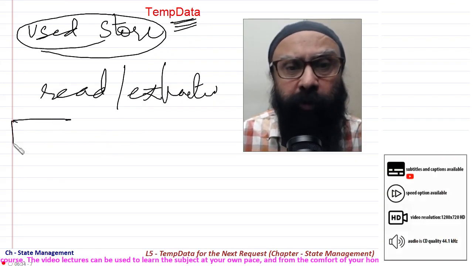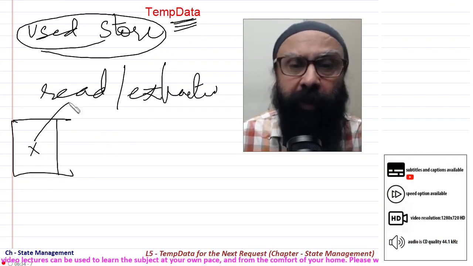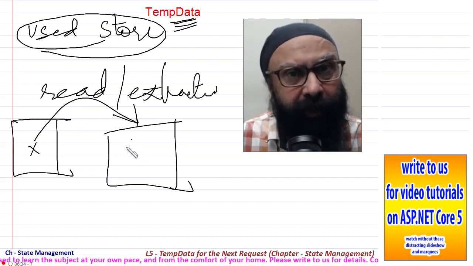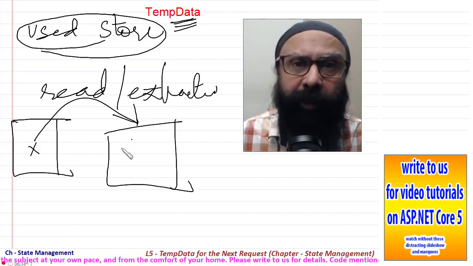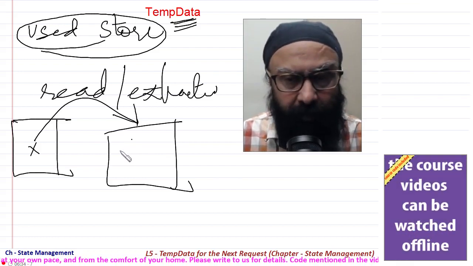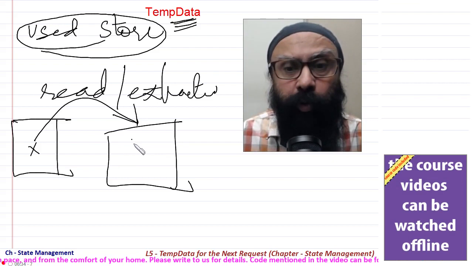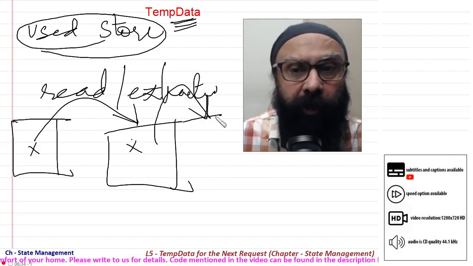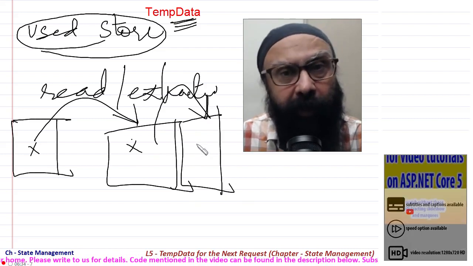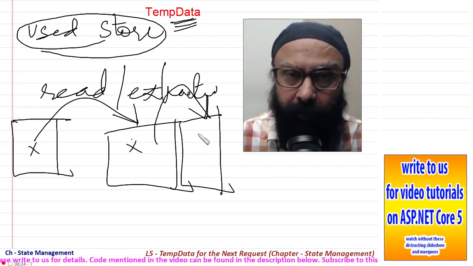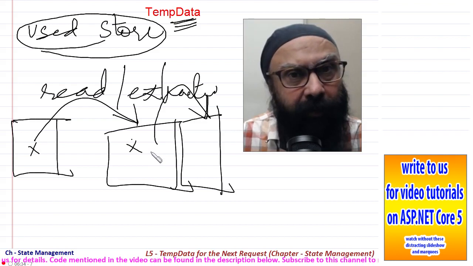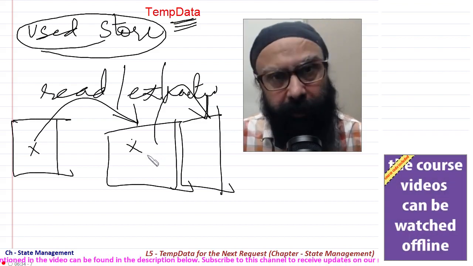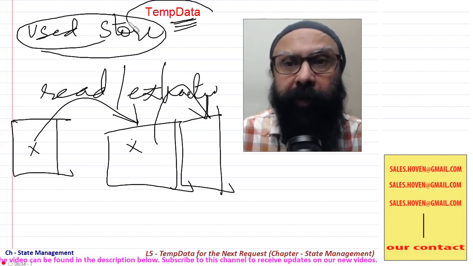So if you store some information on the first page and you extract it on the second page, the moment you extract it, that information will automatically be cleared away. And if you do not read it on the next page and maybe read it on the third page, then it will be available on the third page. If you haven't read it, it will stay in memory, but it disappears only when you read it. So this is the property of TempData.